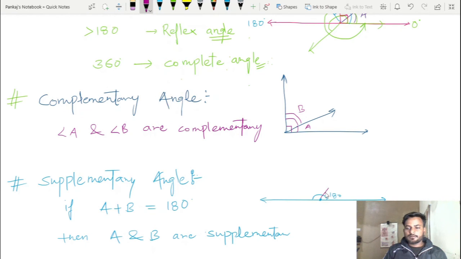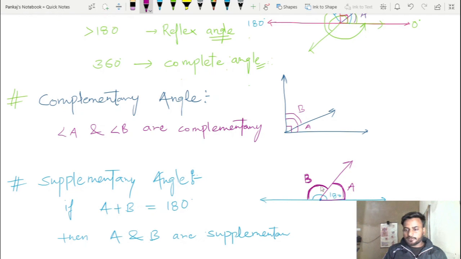For example, this is angle A and this one is angle B. One more thing to be noted here is that angle A originates from here, and angle B originates from here, not from there, because from here up to this ray the total angle is 180 degrees.